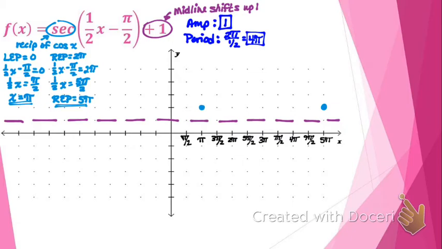Where's my low point? 3 pi. Oop, too far. Just 1 below the midline. And then we're going to cross our midline at 2 pi and 4 pi. Get 2 full periods on there.